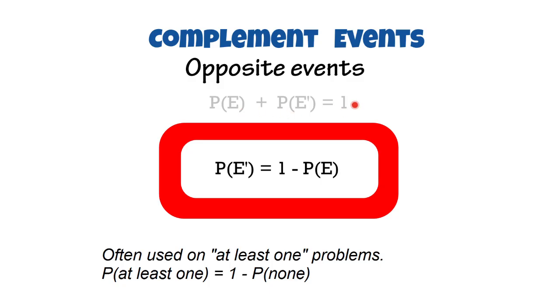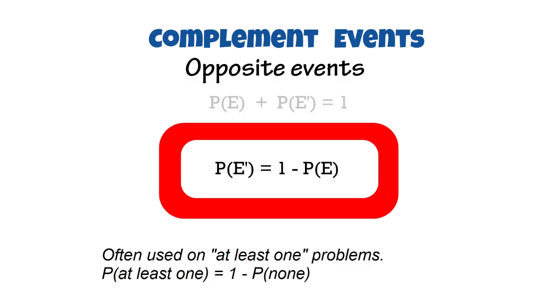Now, that's not usually the way we play it. We usually play it like this, where the probability of something not happening is 1 minus the probability it does happen. That's just rearranging this equation. And you could go the other way as well. The probability of an event happening would be 1 minus the probability it doesn't happen. So this is a method that's sometimes easier, to count up the probability that it doesn't happen than the probability that it does happen.